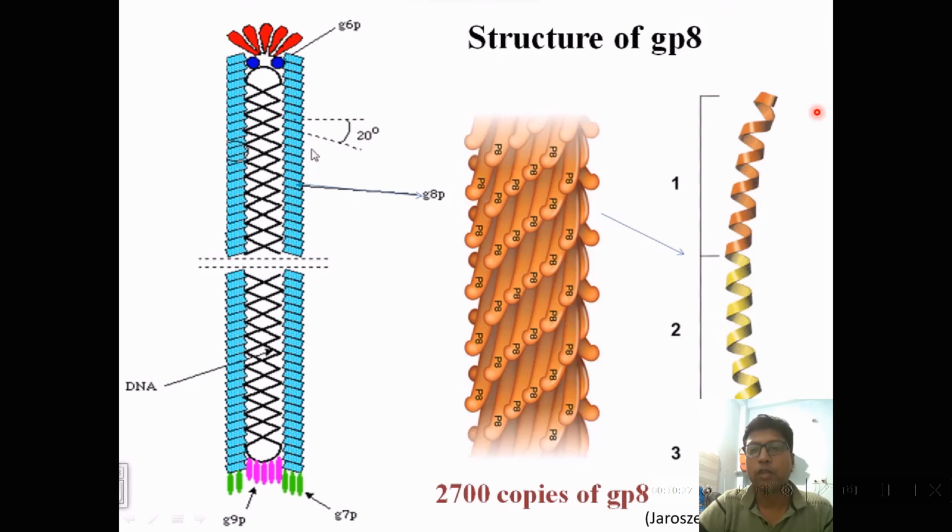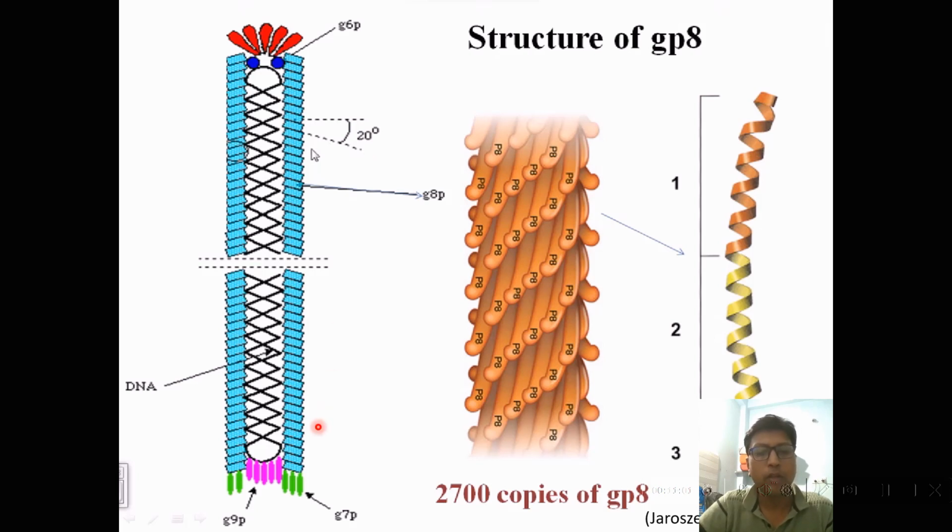Now, this is the structure of the GP8 protein. GP8 protein is helical in nature, and as you can see, GP8 protein forms a 20 degree angle from the longitudinal axis, and it is helpful to link or display 2700 types of peptides on the phages because of their inclination.